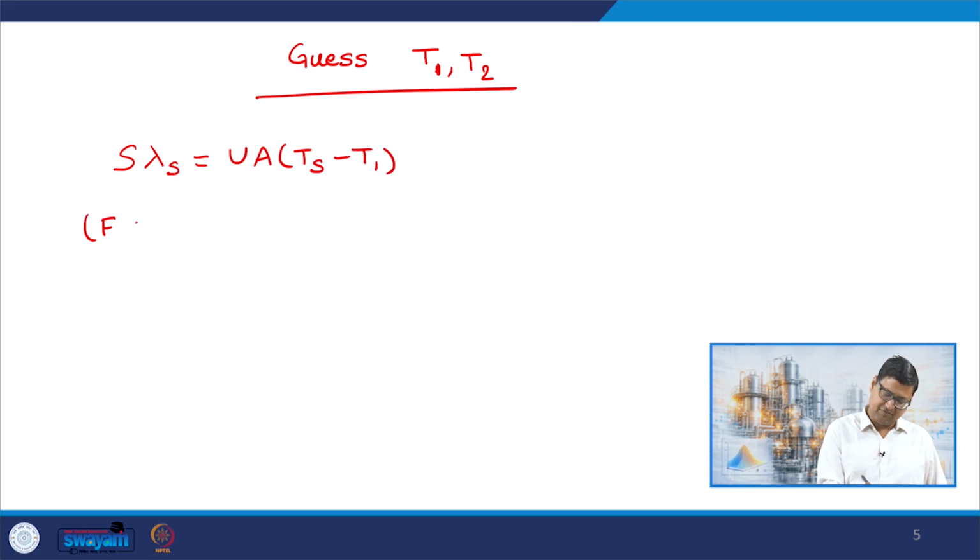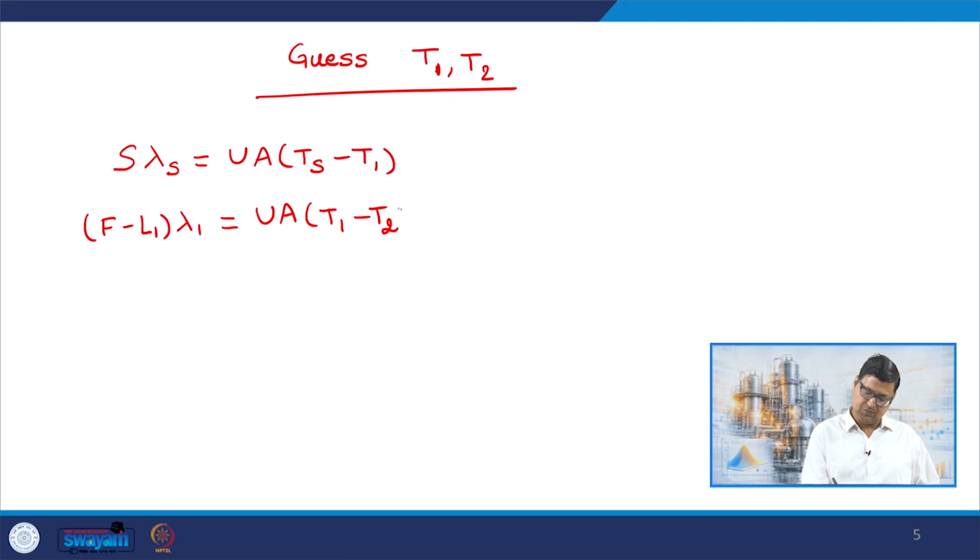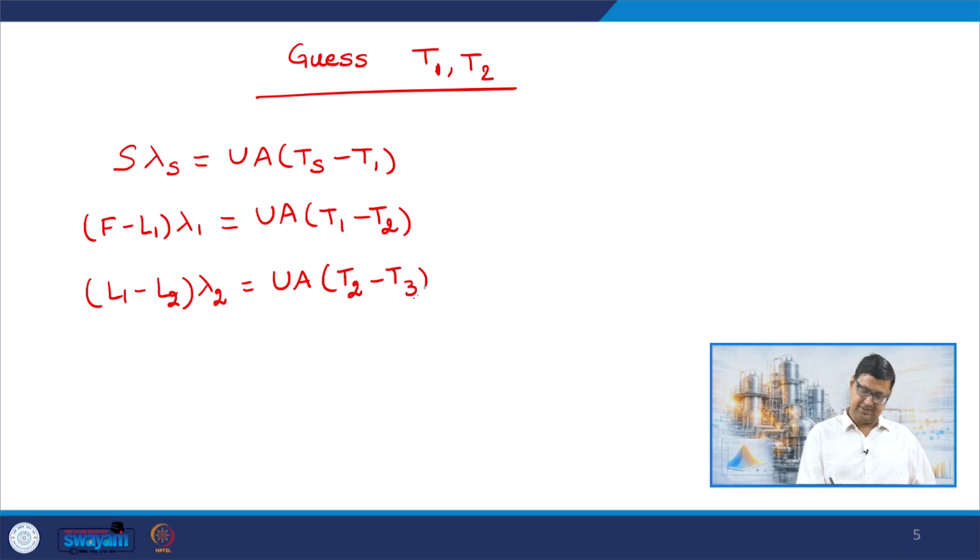Then we have F minus L1 lambda 1 is equal to UA times T1 minus T2, and we have L1 minus L2 lambda 2 is equal to UA times T2 minus T3.